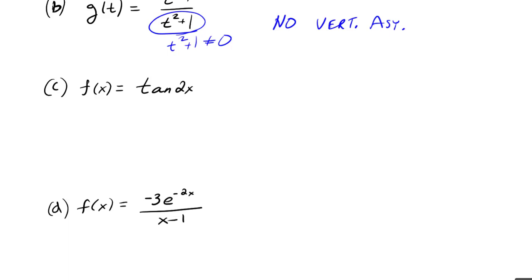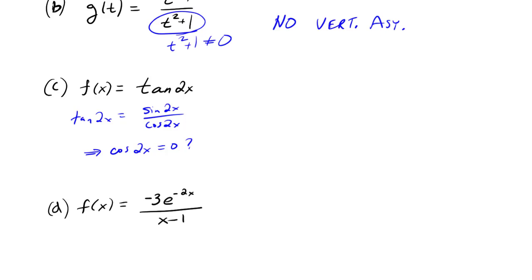All right, how about tan 2x? Okay, well, tan 2x is sine 2x over cosine 2x. So I would really need to know, when is cosine 2x equal to 0? All right.